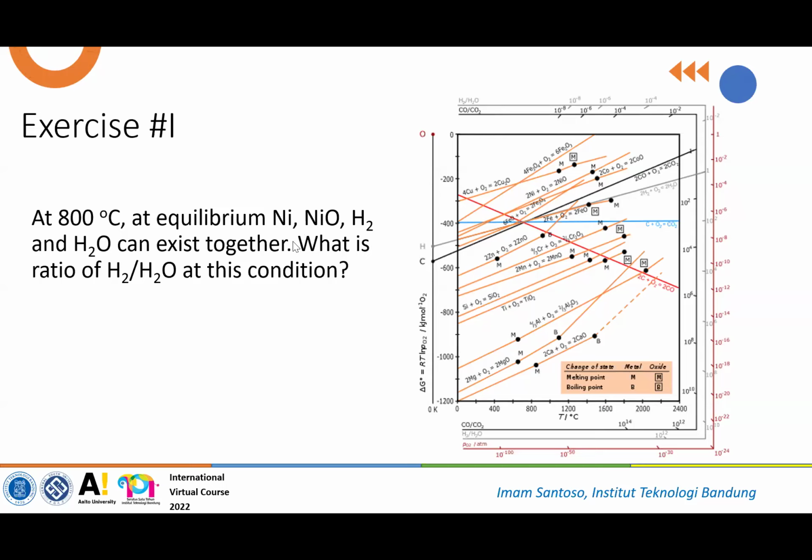Okay guys, my question is, at 800 degrees C, maybe some people from Antam in Sulawesi want to reduce nickel oxide to become nickel. For example, the reduction is taking place at 800 C. From the Ellingham diagram, what is the ratio between hydrogen and water at this temperature so that nickel oxide, hydrogen, and water can exist together?